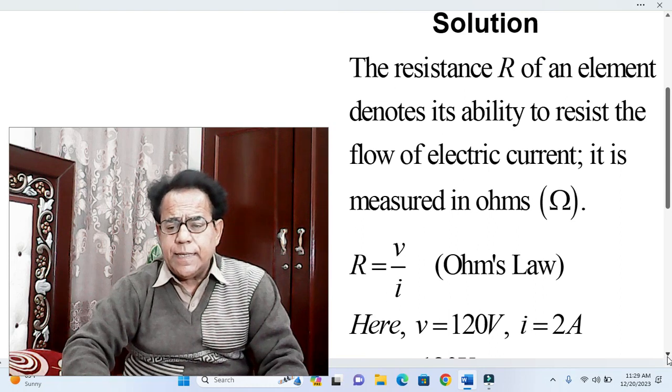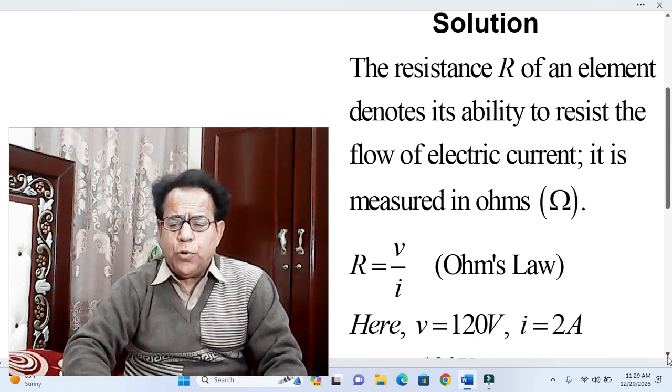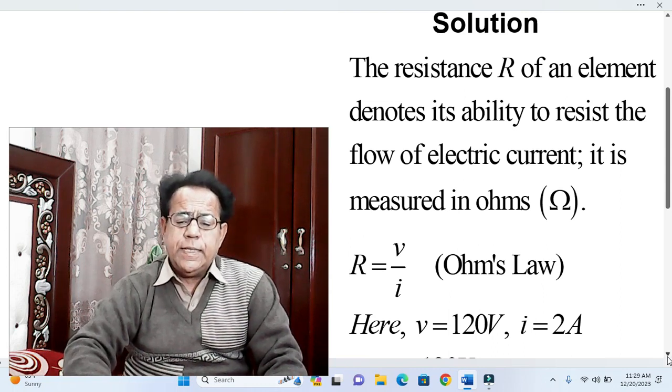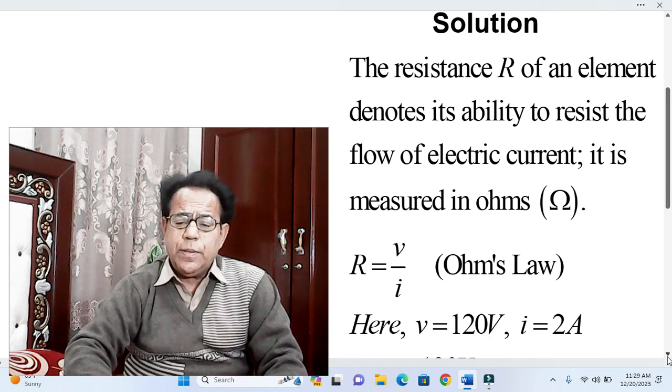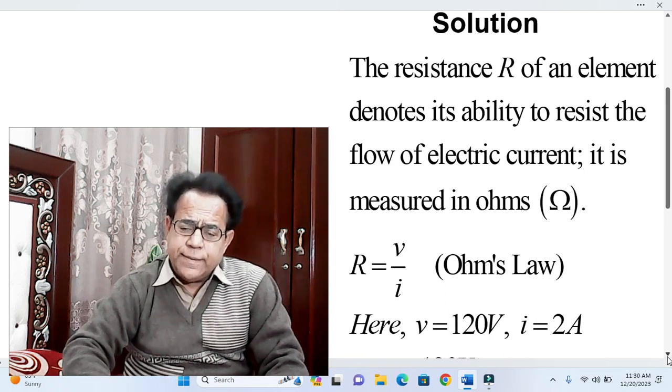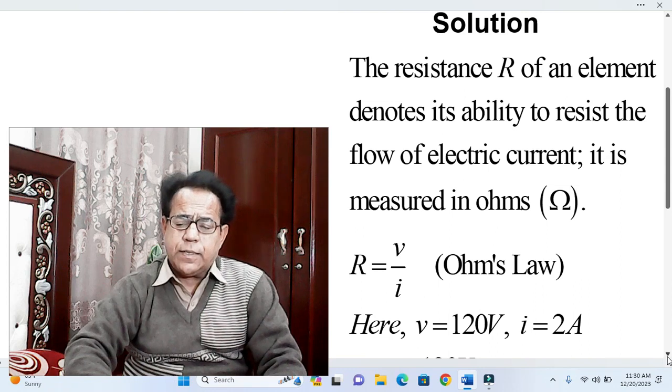The resistance R of an element denotes its ability to resist the flow of electric current. It is measured in ohm, denoted by the Greek alphabet symbol omega.